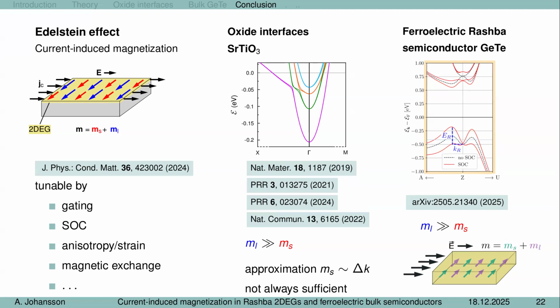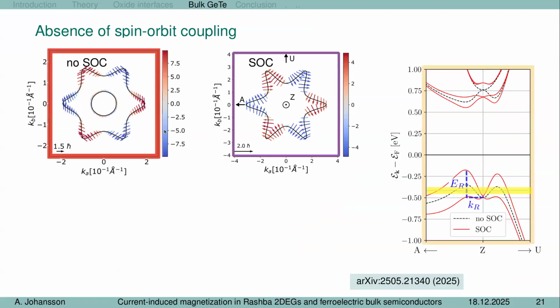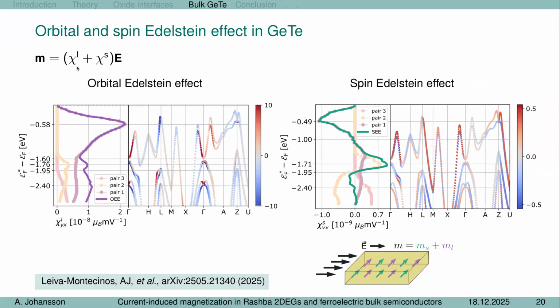I think these symmetry properties are reflected in this tensor, which I always showed. So for example, here, we define this Edelstein susceptibility tensor, which is a 3x3 matrix because it connects two three-dimensional vectors.